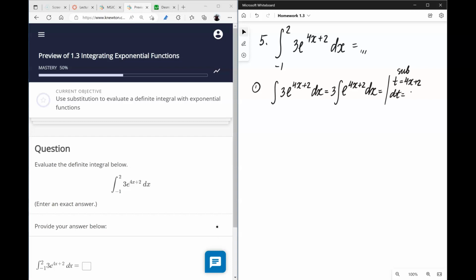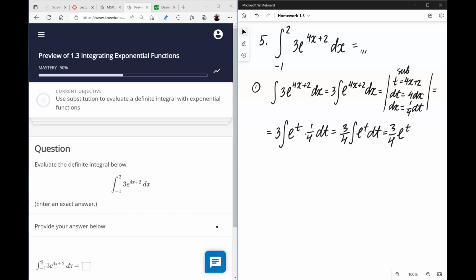And dt is 4 dx, meaning dx is 1/4 dt, and the answer will be 3 integral e to the t 1/4 dt. So it's 3/4 integral e to the t dt, which is 3/4 e to the t plus c, which is 3/4 e to the power 4x plus 2 plus c.